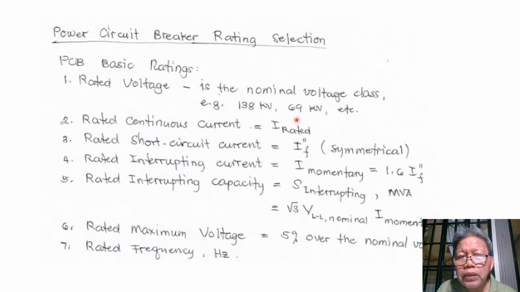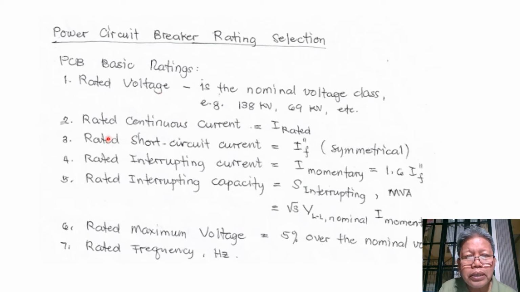Or if it will protect 69 kV equipment, then its rated voltage should be 69. Or when it protects the 13.8 kV equipment, then its rated voltage should be 13.8. So, the nominal voltage class will be the voltage rating of our power circuit breakers.